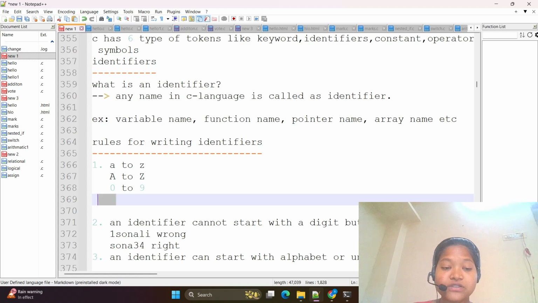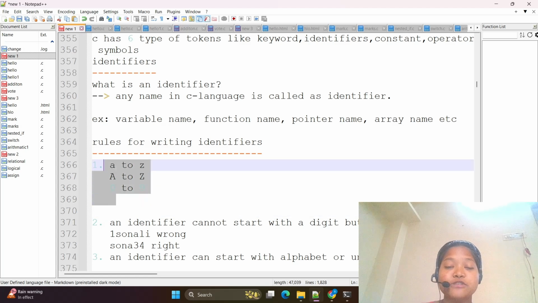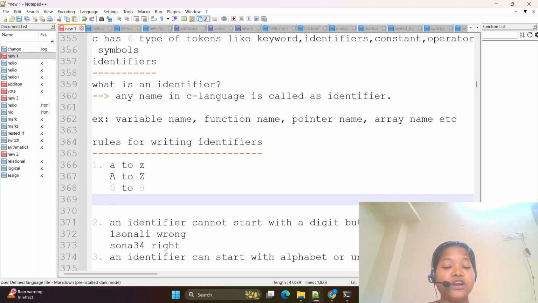No other special symbol is involved in naming an identifier. No other symbols are allowed.